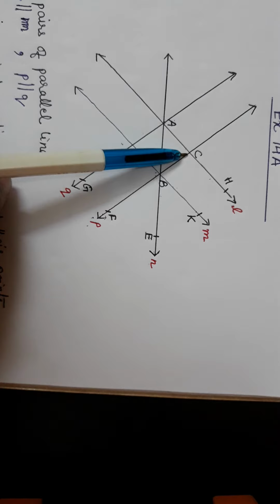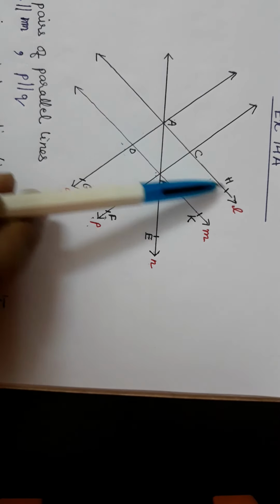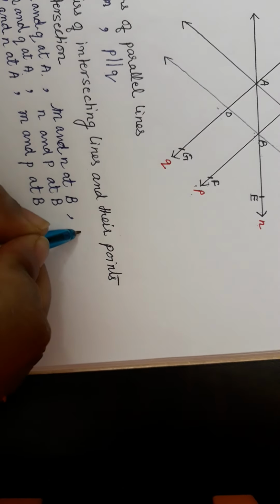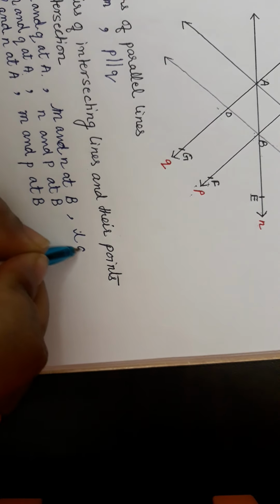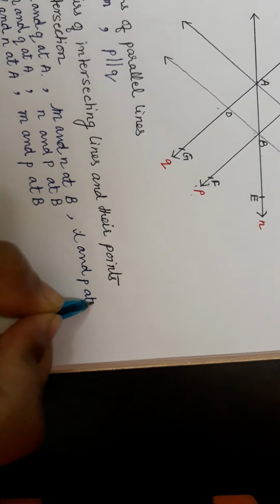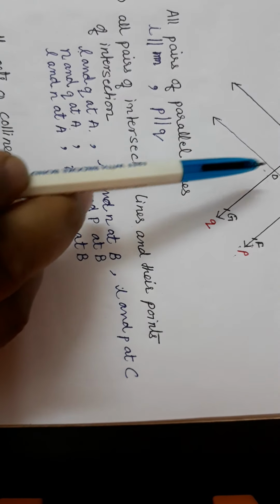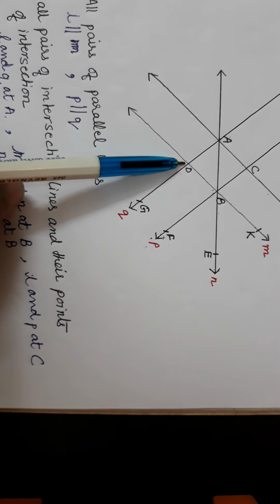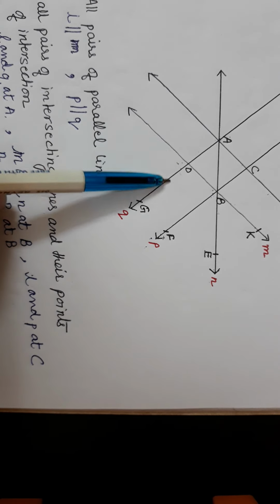Now I come to point C. At point C, which two lines are intersecting? Line L and line P. So I will write here line L and P at C. Now I come to the last point, that is D. D is formed because of these two lines.